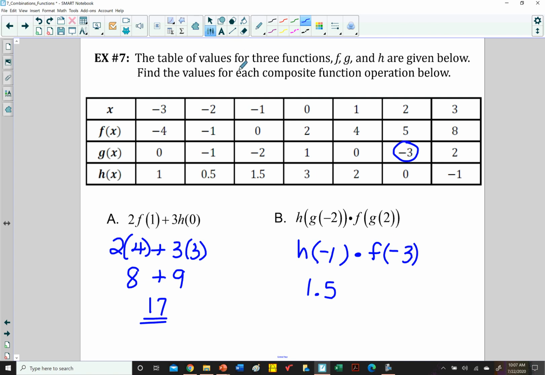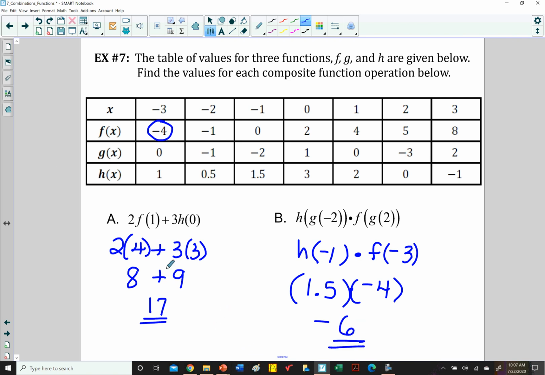And the f of -3, so when x is -3, the f of -3 is -4. So we have 1.5 times -4, which looks like -6.